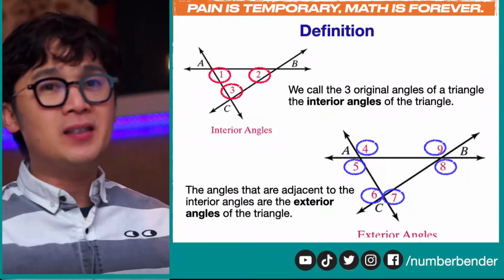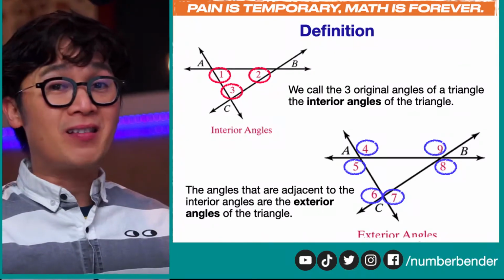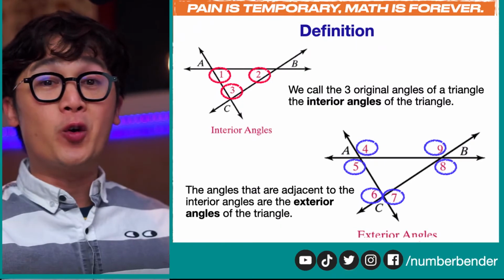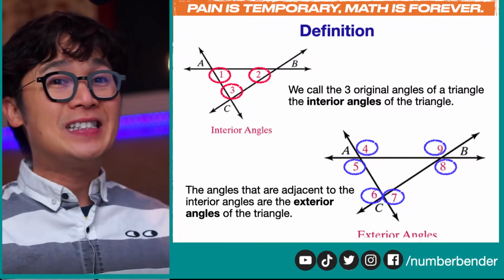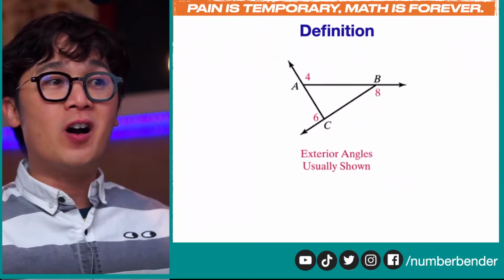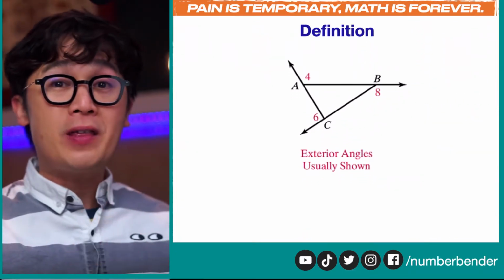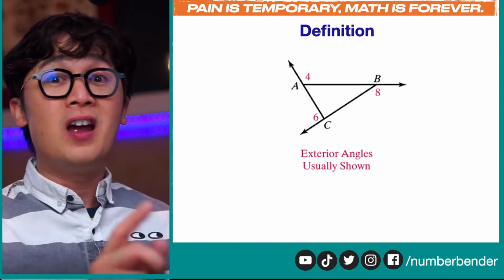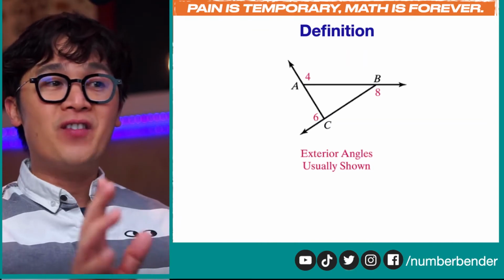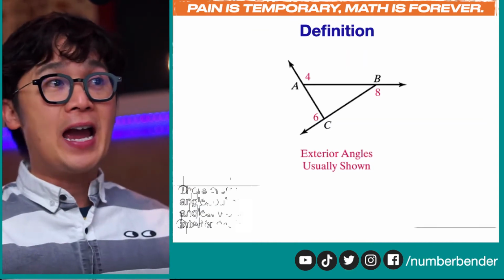When that happens, especially in mathematics, we always want to simplify things. So instead of naming 4, 5, 9, 8, and 6, 7, we can simplify it by just focusing on 4, 6, and 8. Why can we do that? It's because the opposite angles are congruent, so we can define those as exterior angles as shown in this diagram.